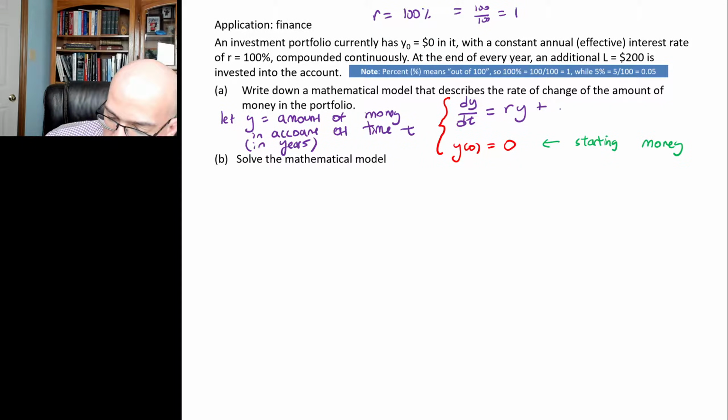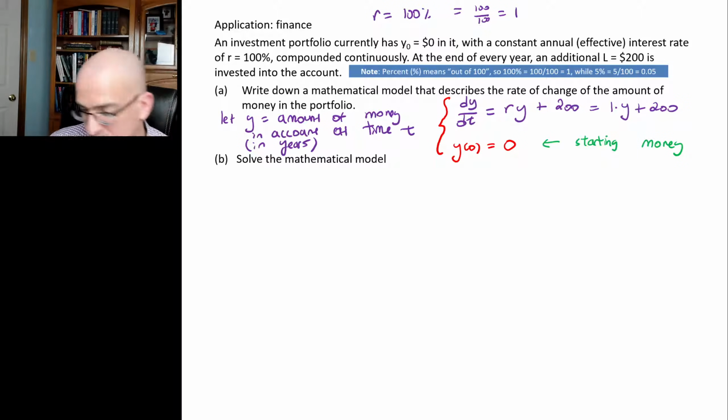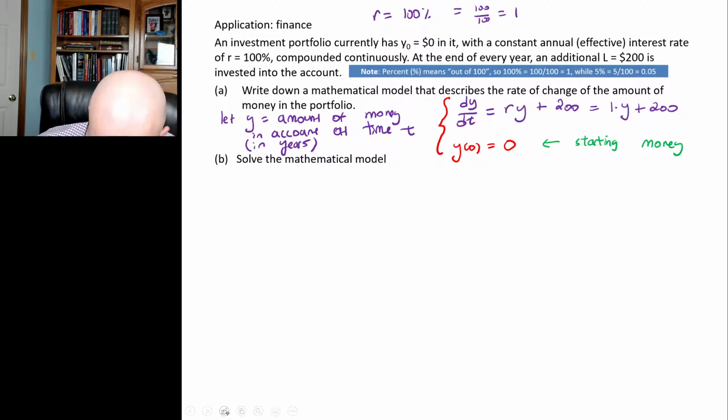So plus 200 from our deposits. Now I'm going to convert this R into a 1, times Y plus 200. So R times Y, that was the interest growth. And the 200 is the deposit term.